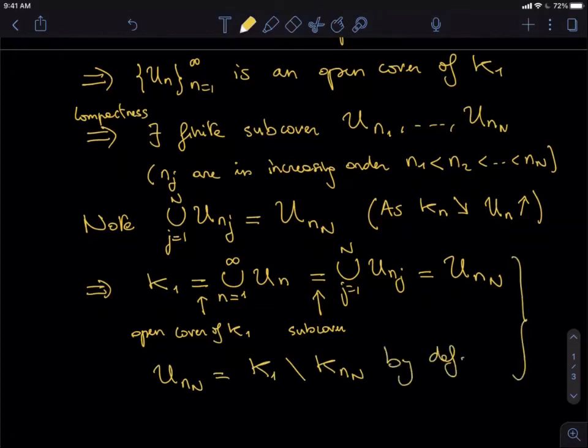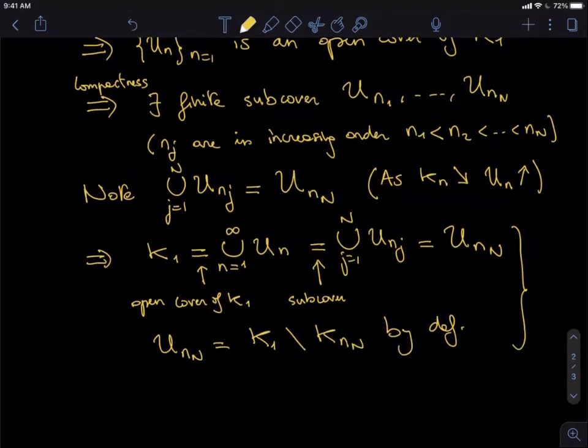And now when I look at those two things together, the first one is saying that K1 equals U_{nN}, and the second one is saying that U_{nN} equals K1 minus something. So that means that K_{nN} must be empty.